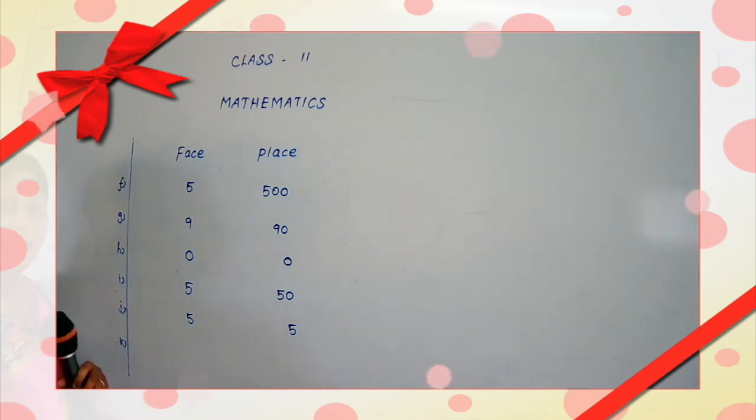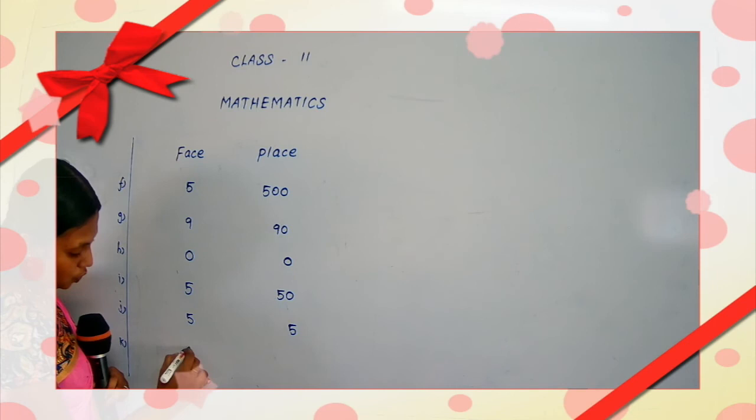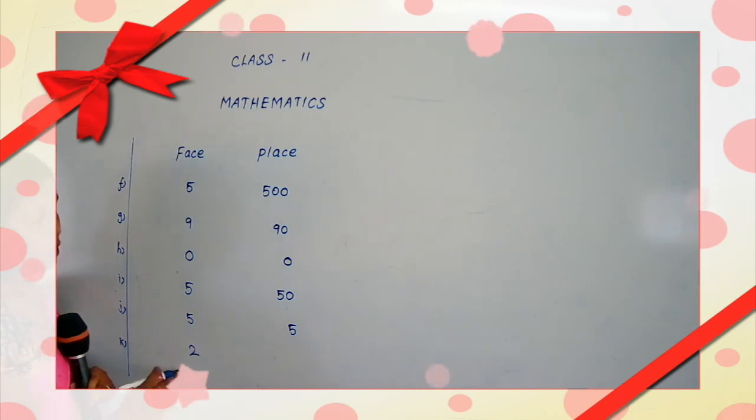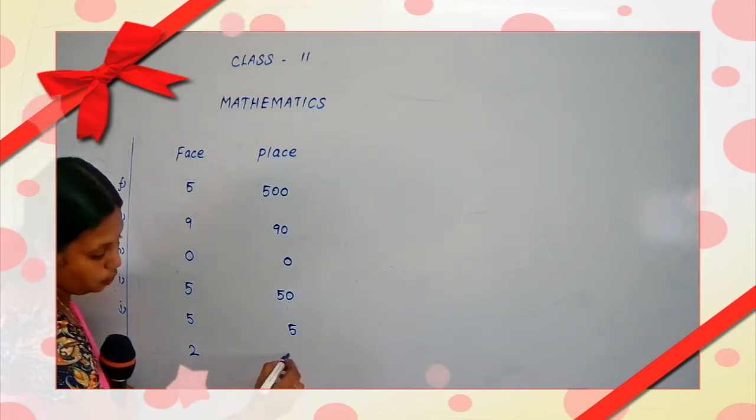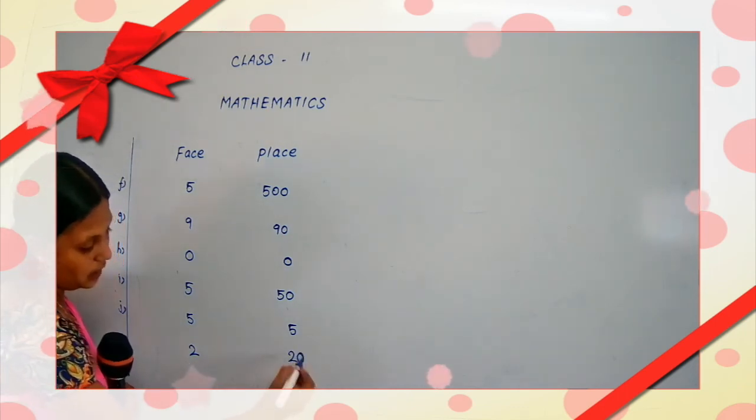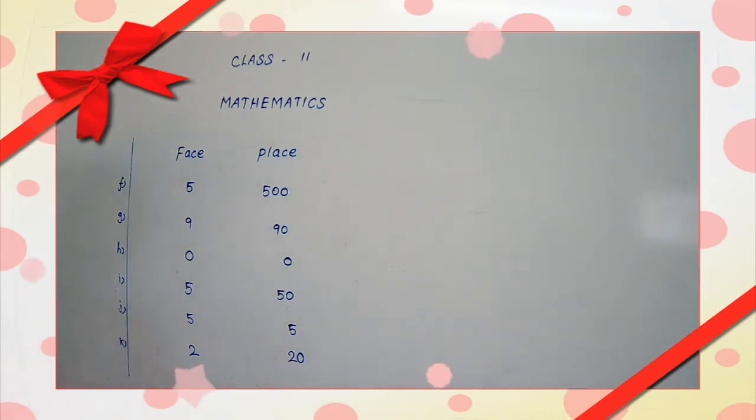Which number is underlined? 2. So you take and write the face value 2. Then 2 is in which place? Tens place. Yes. So you should add 1 zero, 20.